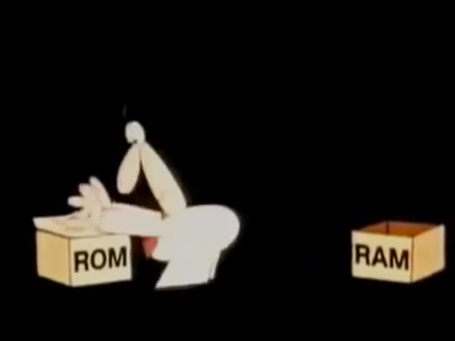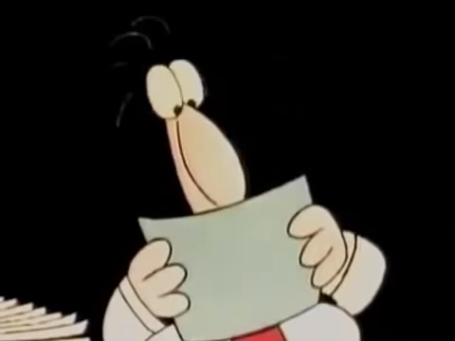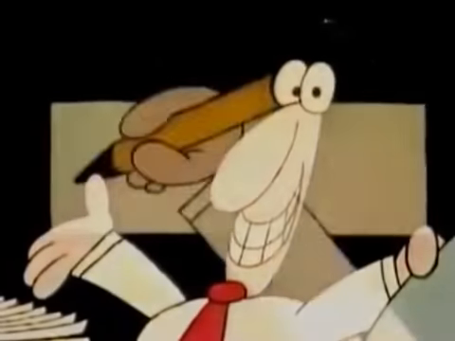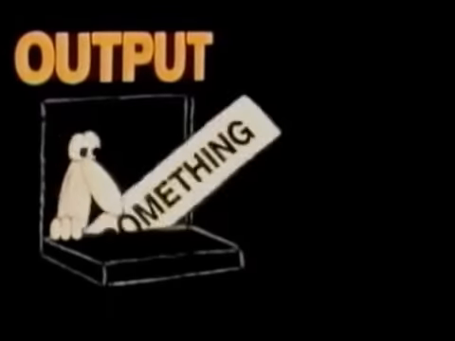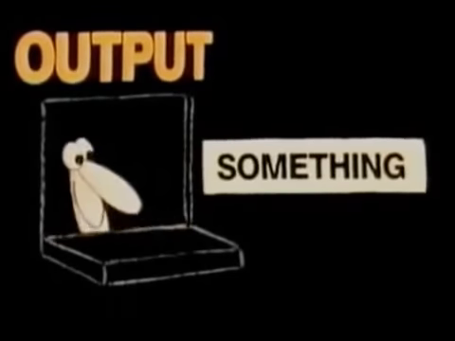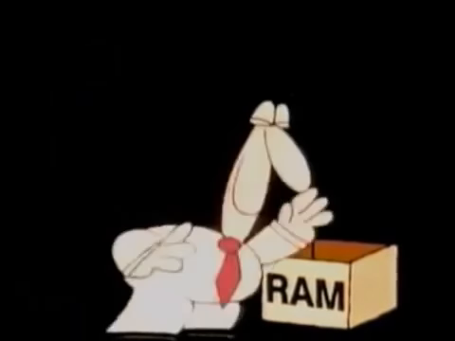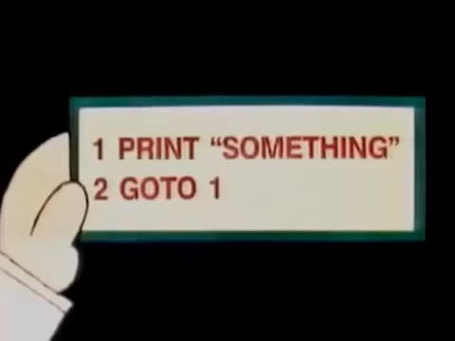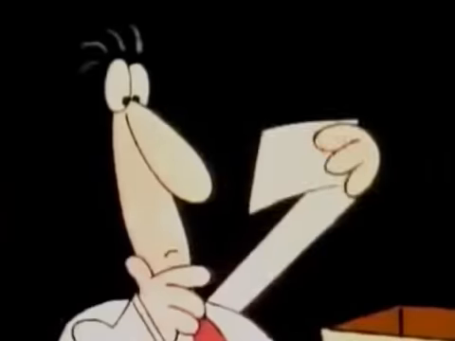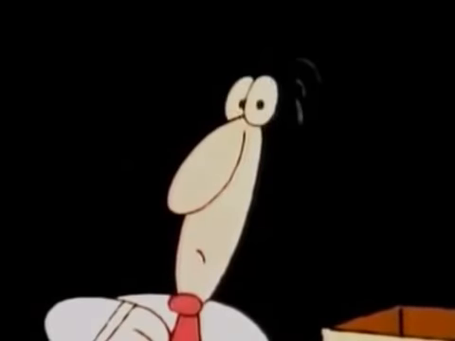Then it's over to the ROM box to find out how to print, because CPU has forgotten already. Then he prints something and gives it to you at the output hatch. Then back to the RAM box to read the next instruction, which contains the order go to. Of course, he's forgotten that, so over to the ROM box to find out how to go to.